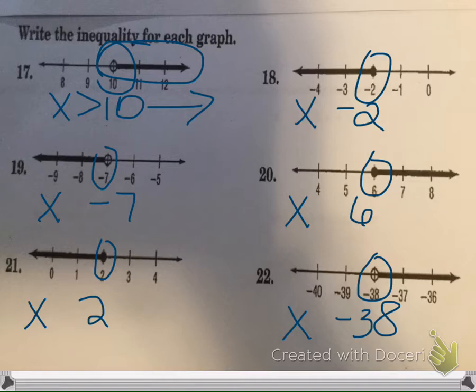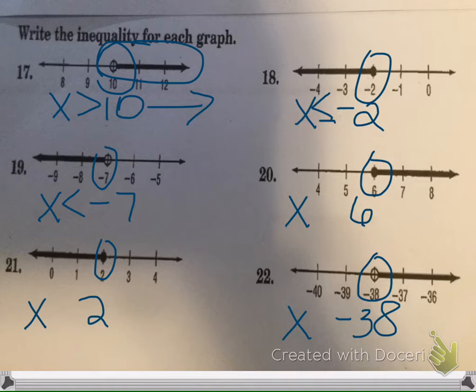On number 18, it is a closed circle, so it includes negative 2, so it has the equal to symbol as well, and it's everything less than negative 2, so it's less than or equal to negative 2. Number 19, it has an open circle, so it does not include negative 7, and it's all the numbers that are less than negative 7.